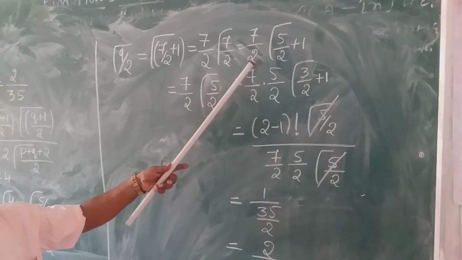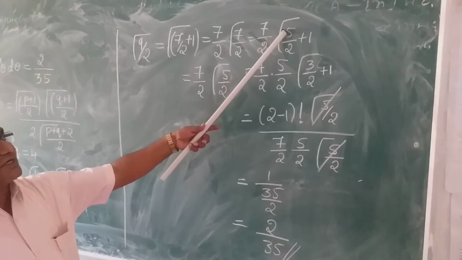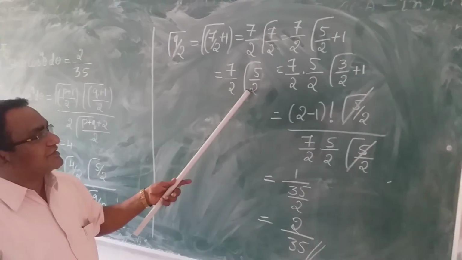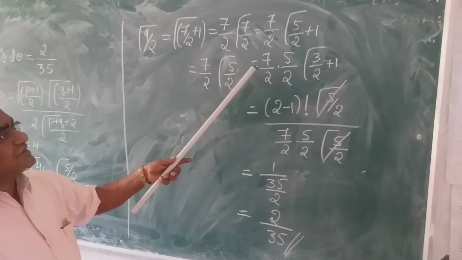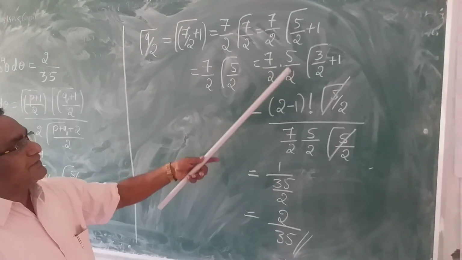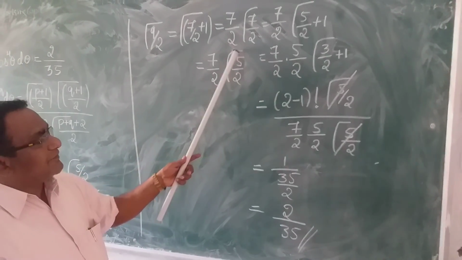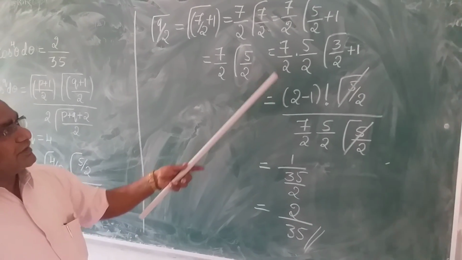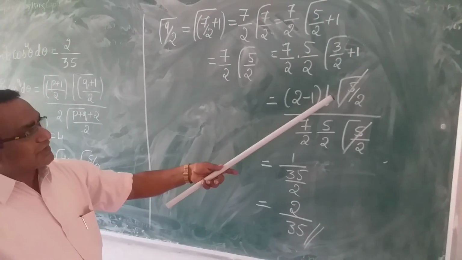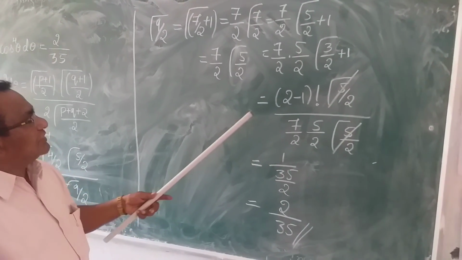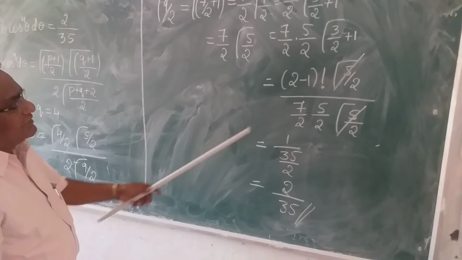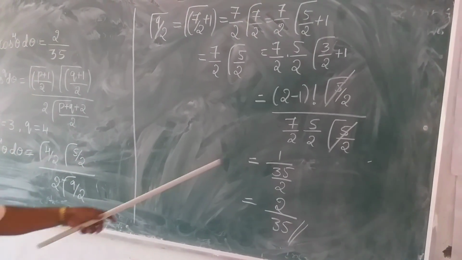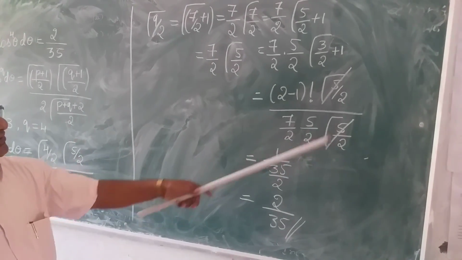Gamma 7 by 2 may be written as gamma 5 by 2 plus 1, so 7 by 2 into 5 by 2, as it is, into gamma 5 by 2. This is equal to 7 by 2 into 5 by 2. Gamma 5 by 2 may be written as gamma 3 by 2 plus 1. Gamma 4 by 2 is gamma 2, which is 2 minus 1 factorial. So your above result becomes 2 minus 1 factorial into gamma 5 by 2 divided by 7 by 2 into 5 by 2 into gamma 5 by 2.